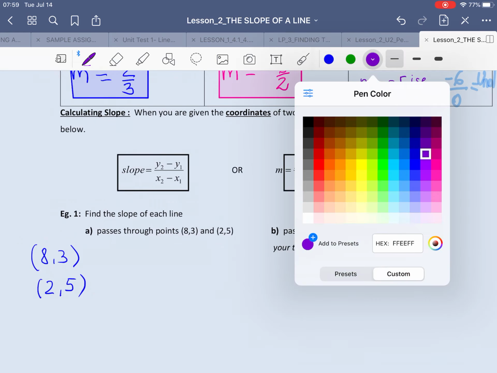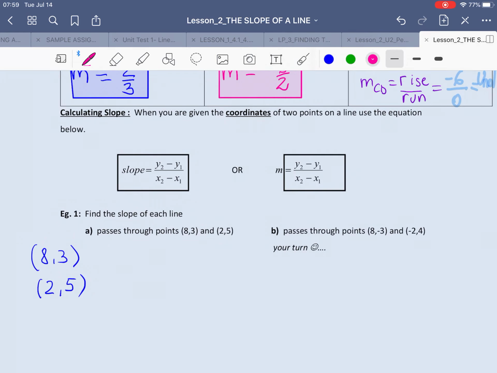And then I name the coordinates by the symbols x1, y1, x2, y2. The slope of a line is given by the formula y2 minus y1 over x2 minus x1. And that is the reason why I want to label the coordinates of each point by x1, y1, and x2, y2.